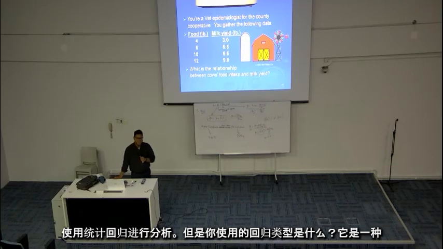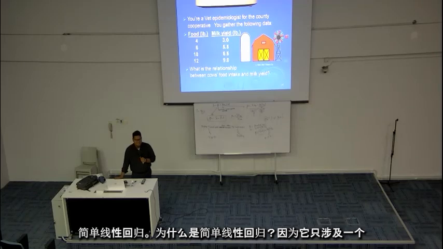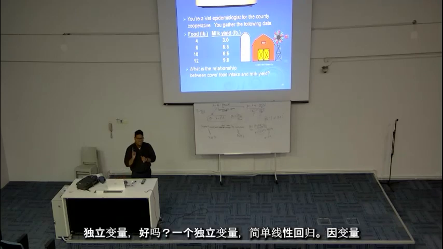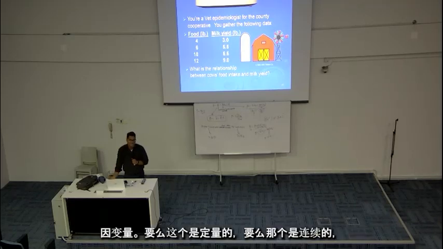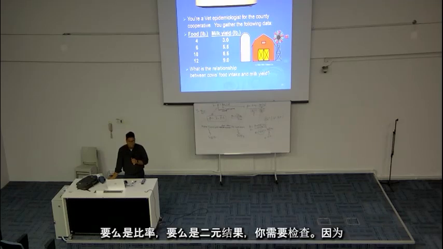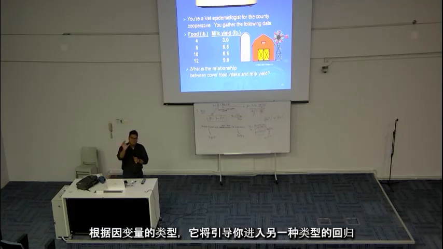But what type of regression do you use? It's a simple linear regression. Why? Because it only involves one independent variable. The dependent variable is always one, but you need to check what type of dependent variable it is: either quantitative, continuous, ratio, or a binary outcome. You need to check, because depending on the type of dependent variable, it will lead you to another type of regression.